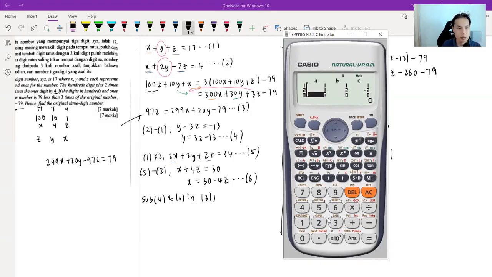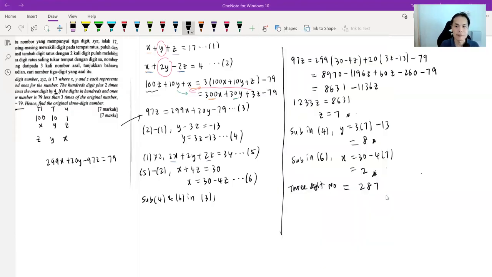Third one is 299, 20, minus 97, and the last one is 79. There you go. My x is 2, my y is 8, my z is 7. Use your calculator to validate or double check your answer.